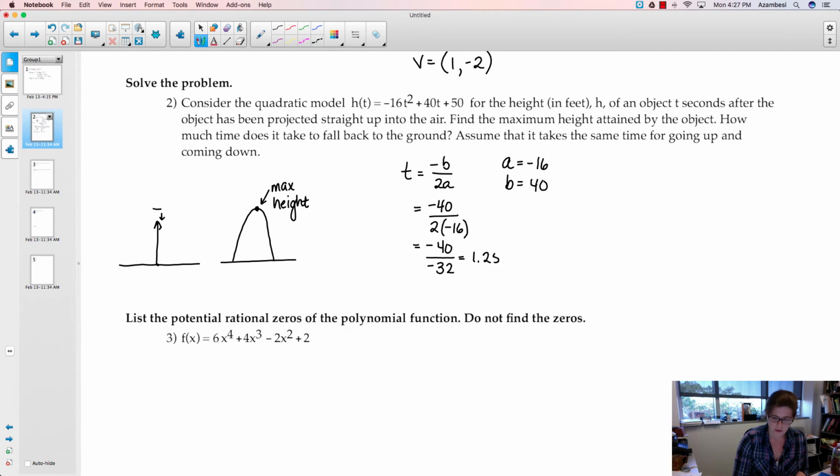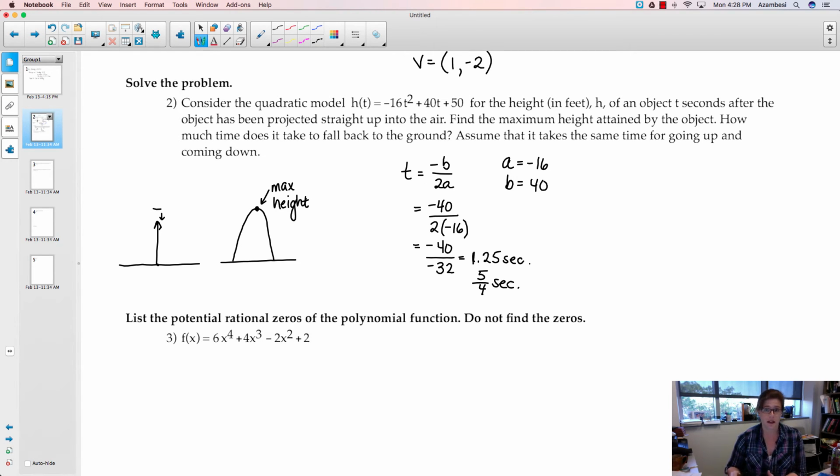So 1.25 seconds. And usually we'll list a decimal if we're talking about seconds like this. It's also 5/4 seconds. Either way, fine with me.